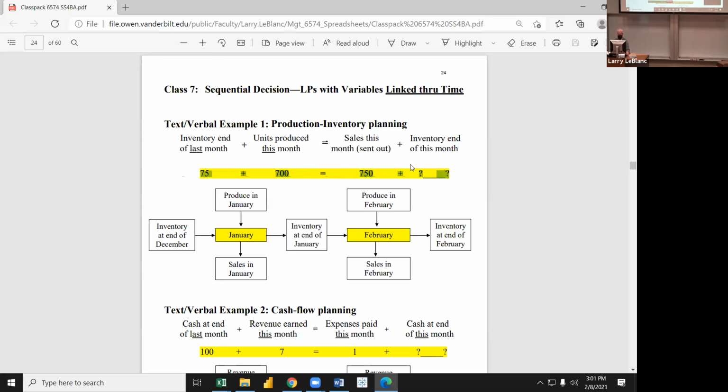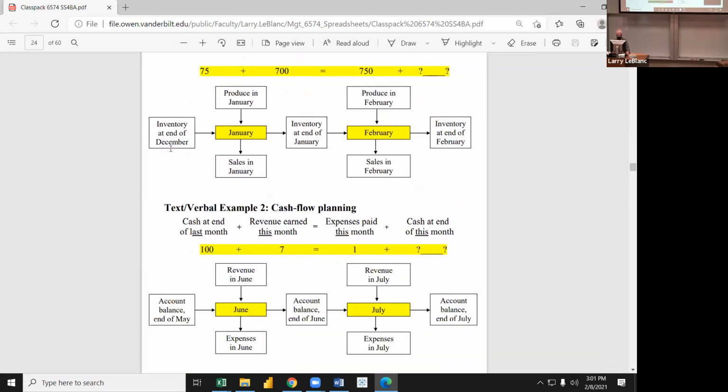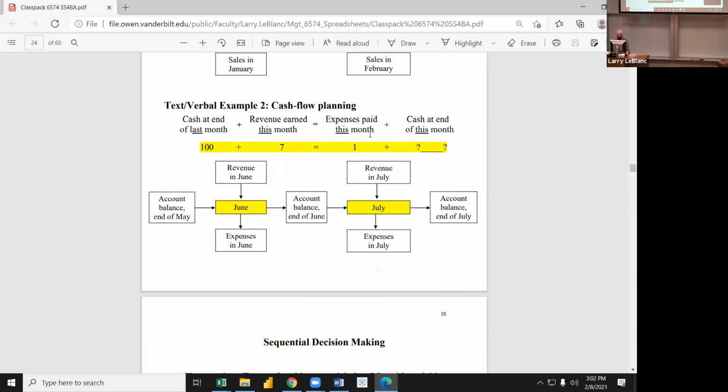We will have such an equation for each time period in the horizon. Pictorially, if the current month is January, the inventory at the end of last month plus production in the current month comes in, and what goes out is sales in January plus inventory at the end of January. That repeats for the next time period in the horizon.